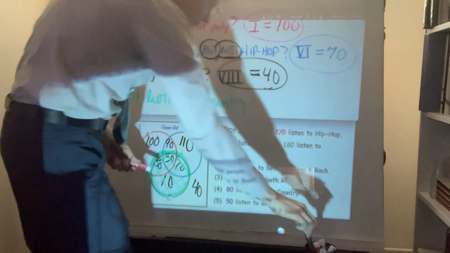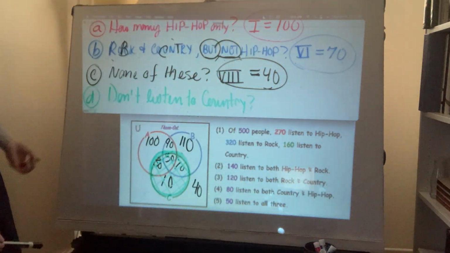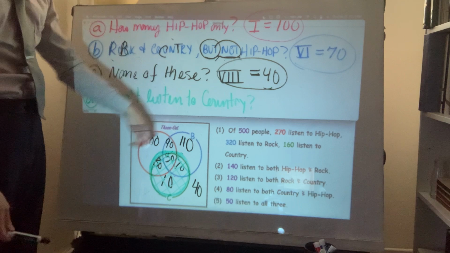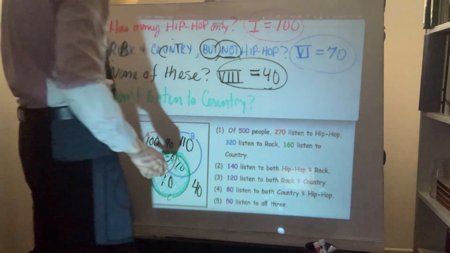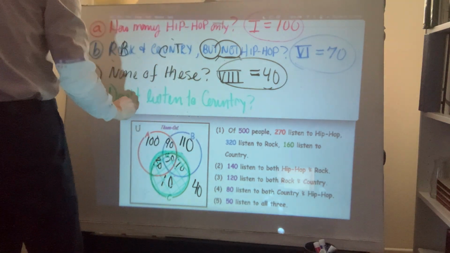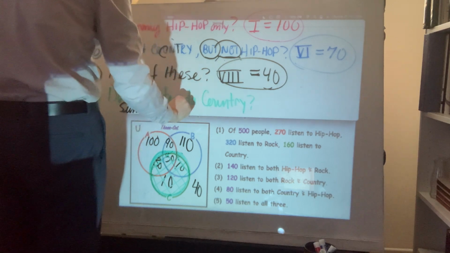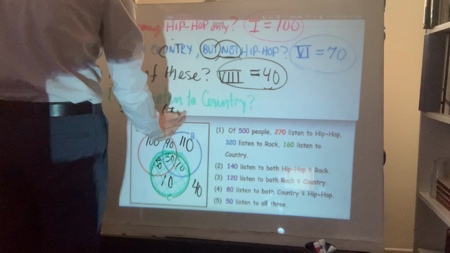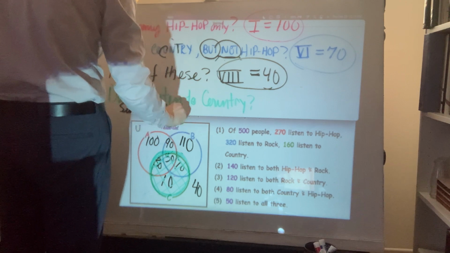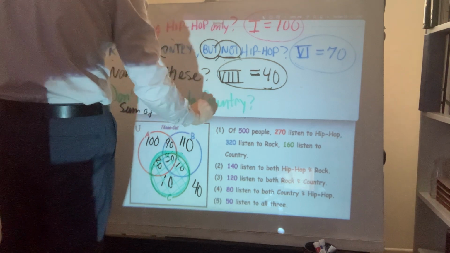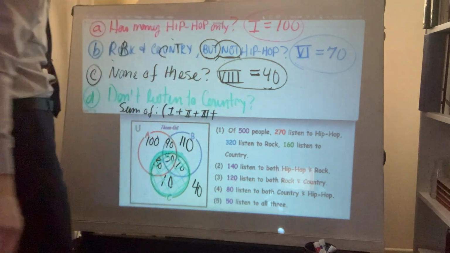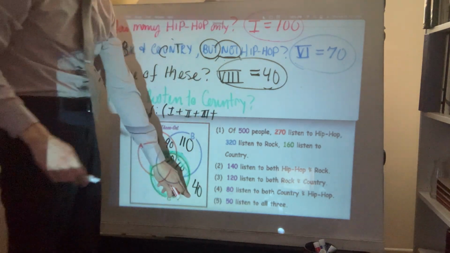What would it mean if I were going to incorporate some of the region symbols? Well, technically it would be the sum of region 1, region 2, and region 3, but what else also? Region 8.